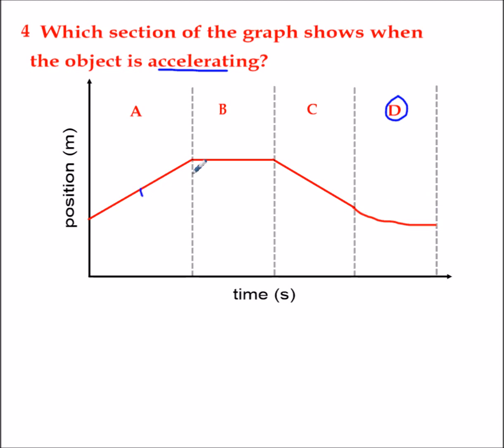This has a constant slope. This has a constant slope that is 0. This has a constant slope. This has a changing slope. The slope of this graph is decreasing over time, which tells us that the object is losing speed. I would actually say that this object had a fast negative velocity, and it eventually comes to rest.